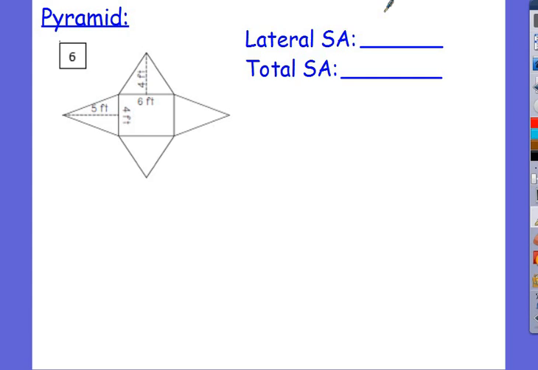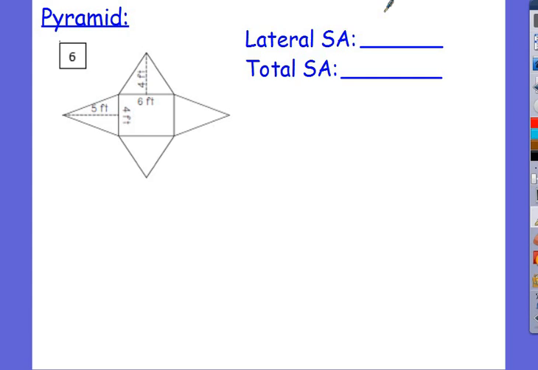Am I going to worry about painting that bottom that is sitting on the ground? No. I am going to paint all the other sides that are above the ground. So lateral surface area is all your sides excluding your base. So not including your base.